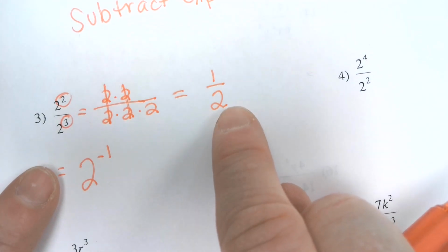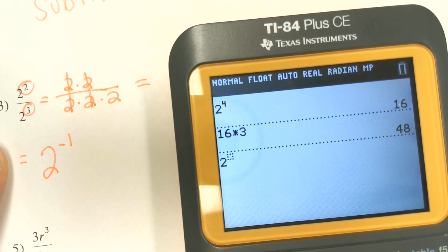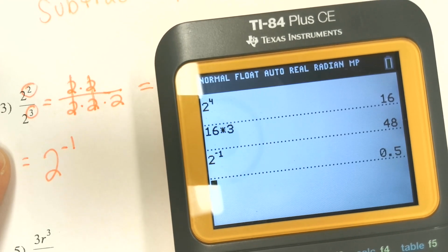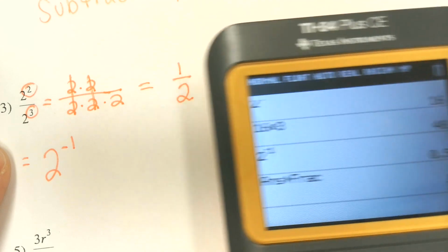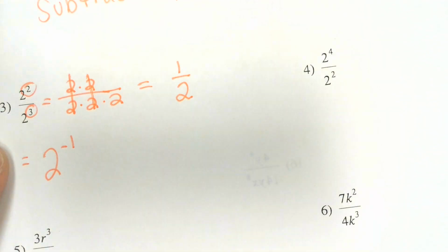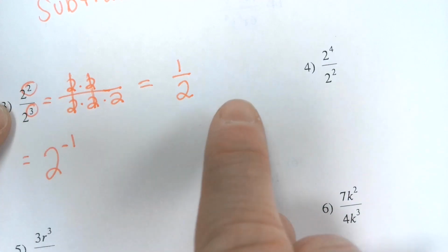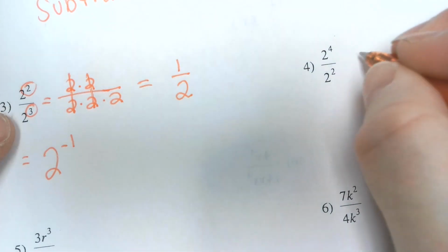Which is kind of weird, right? If I do that in the calculator, 2 raised to the negative 1, I get half. Math, enter, 1/2. So see where the bigger exponent was? It was on the bottom, so that means I'm going to put my base on the bottom with the exponent of 1.